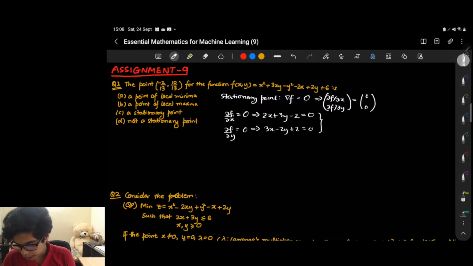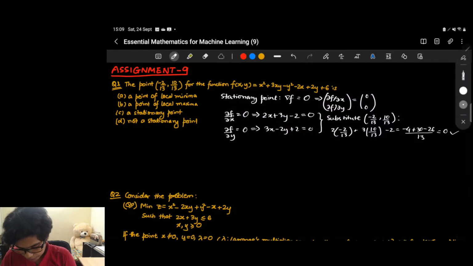Now if we substitute this point in these equations, then what do we get? We get the following. Just simplifying, which is indeed equal to 0. So it satisfies the equation.